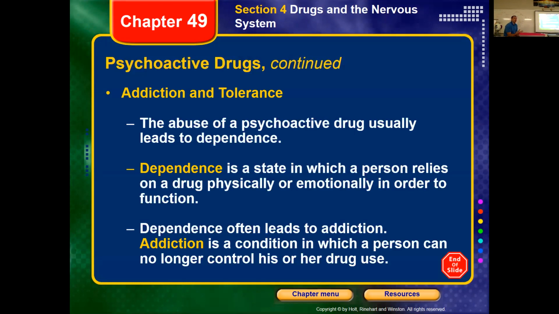Addiction is you can't live without the drug. Your body now needs it, and so you lose control of the ability to not take it. And so that's a big difference.